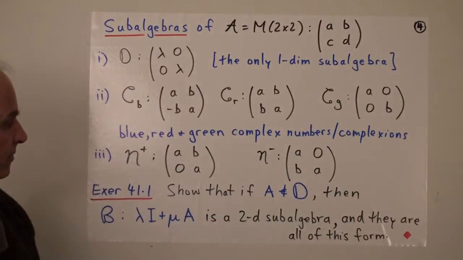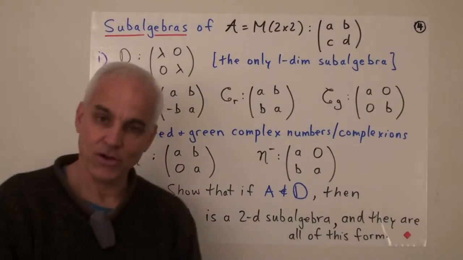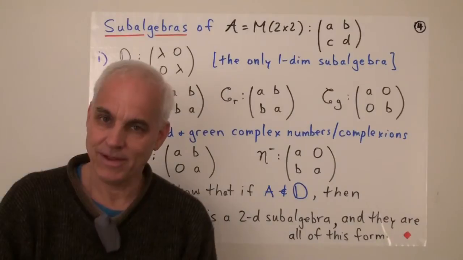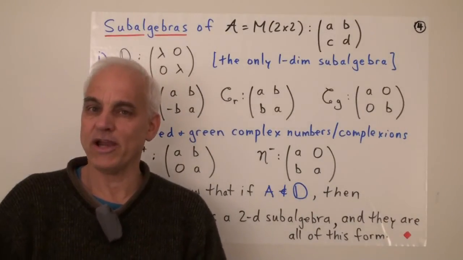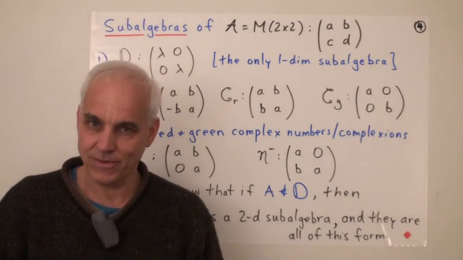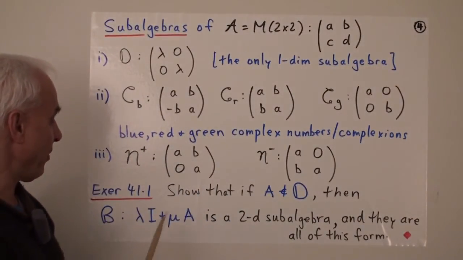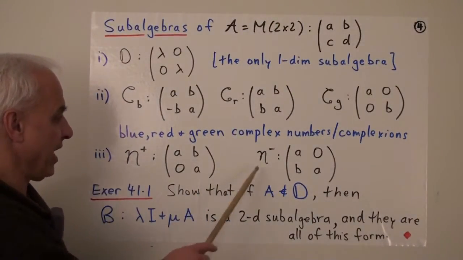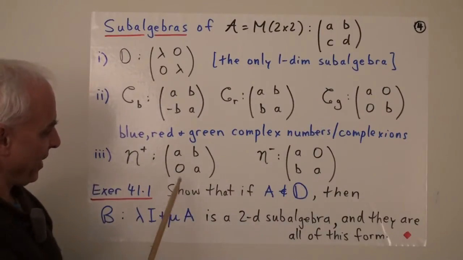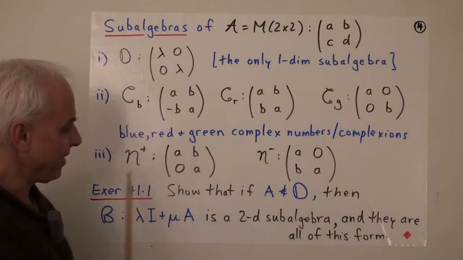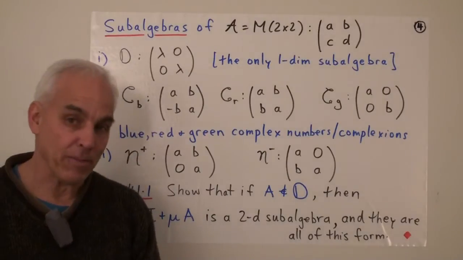But there are some other two-dimensional subspaces, which are in fact subalgebras. Two very important ones are what we might call n plus and n minus. N plus are the upper triangular matrices.